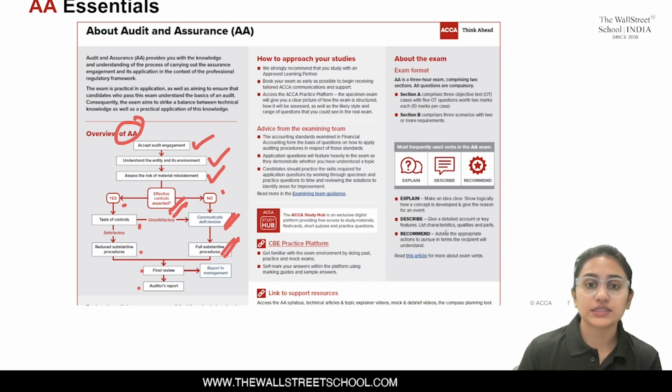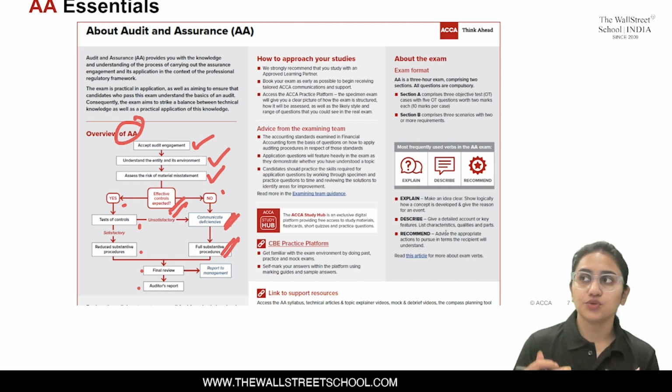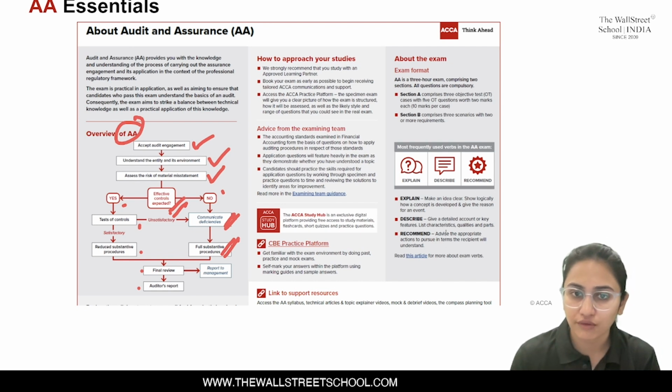Candidates should practice the skills required for application questions by working through specimen and practice questions to time and reviewing the solution so as to identify areas for improvement. And then after you have solved a lot of mocks, when you have solved a lot of practice questions, and when you read the standard answer, you exactly know in what area you're lacking and where you require some extra knowledge and improvement.